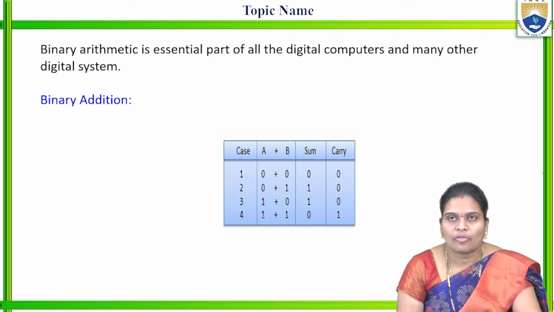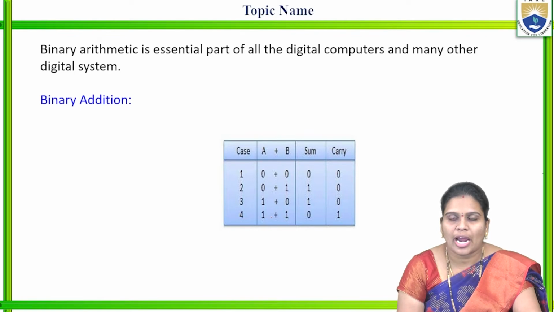Next, A equal to 1 and B equal to 1: 1 plus 1, the sum is 0 and the carry is 1. So with only two input bits, there are 4 combinations.